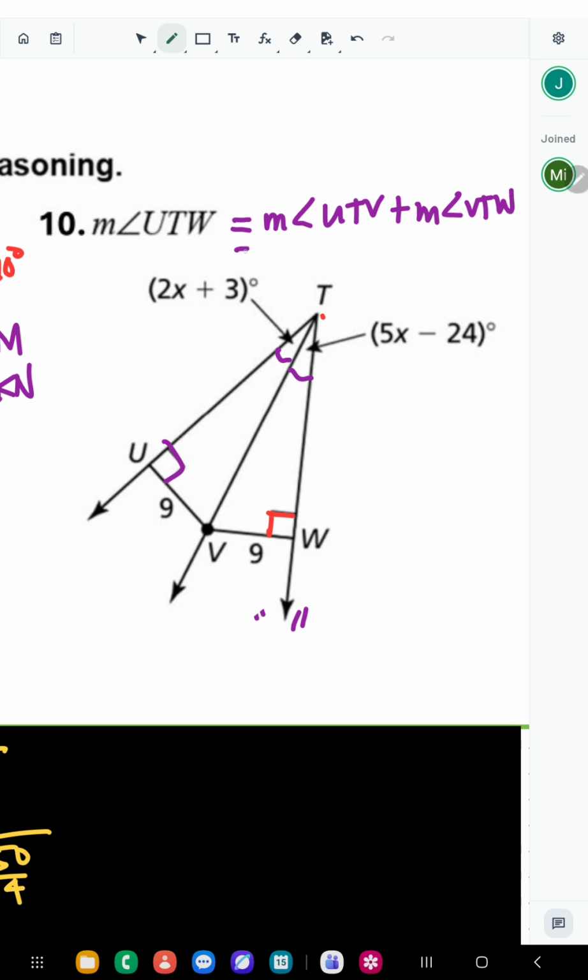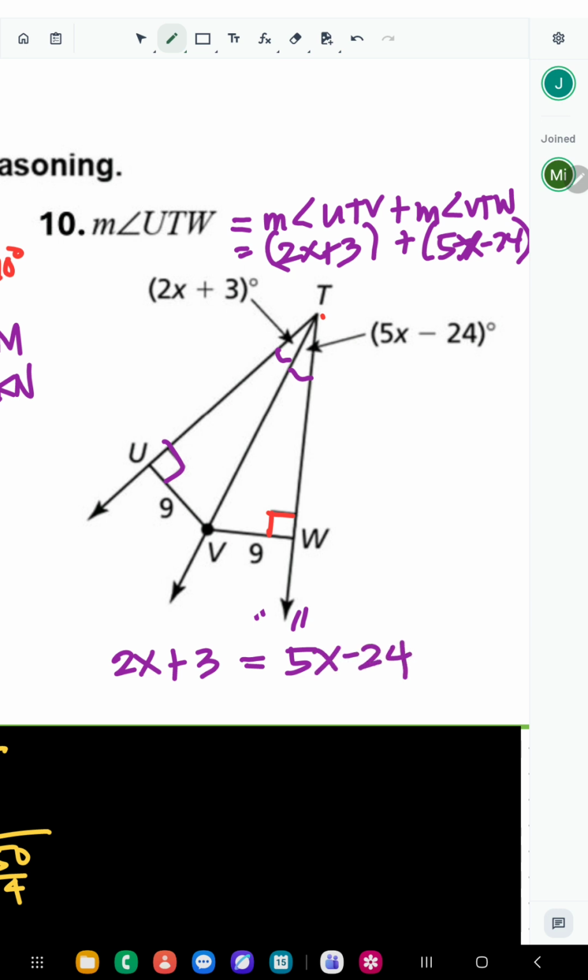Okay. So which is 2x plus 3 plus 5x minus 24. Okay, but these two are congruent, so we can just equate them. 2x plus 3 equals 5x minus 24. Well, we solve for x first, so we subtract 5x and 3 from both sides. So this cancels out, and this one.